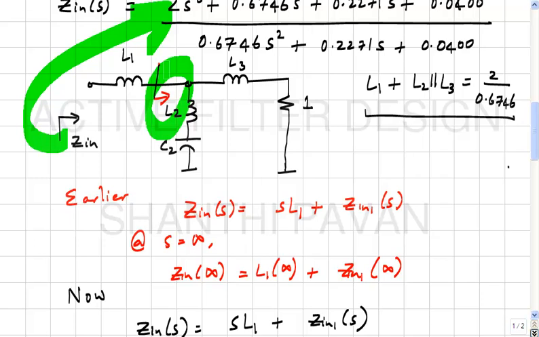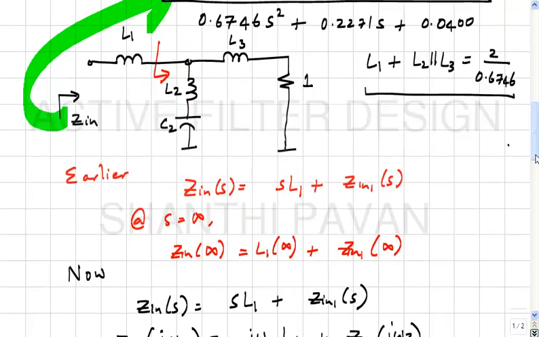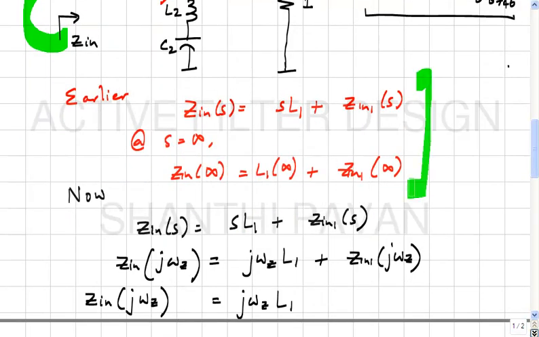Is that clear? So which is why I motivated this by writing this. Earlier, when we had simply the LC all pole ladder, we would find Zn of s, and we know that to be sL1 plus something else. That something else starts with a shunt capacitor, and it goes to 0 as s tends to infinity. So by simply looking at the behavior of Zn as s tends to infinity, we'd directly be able to determine L1.